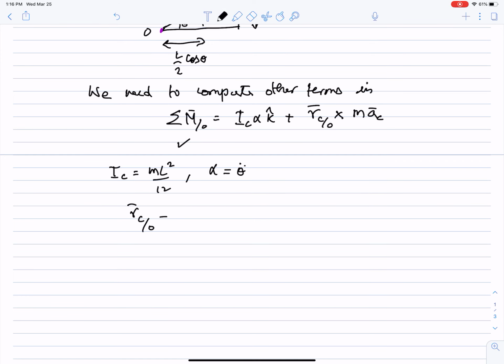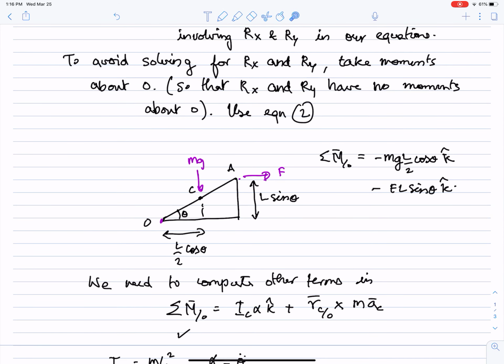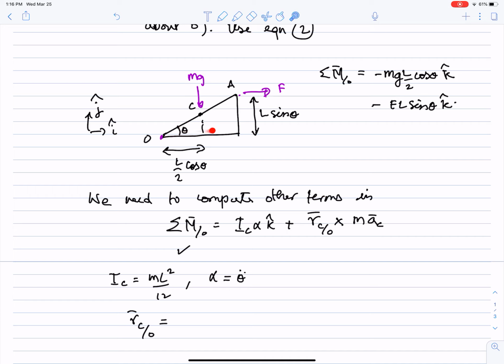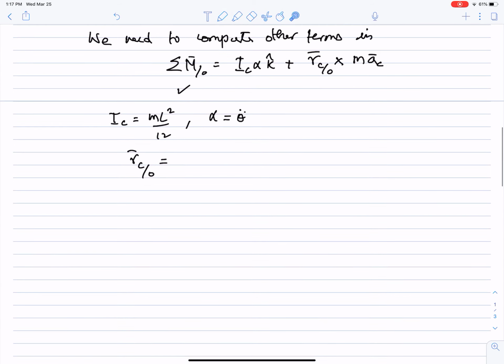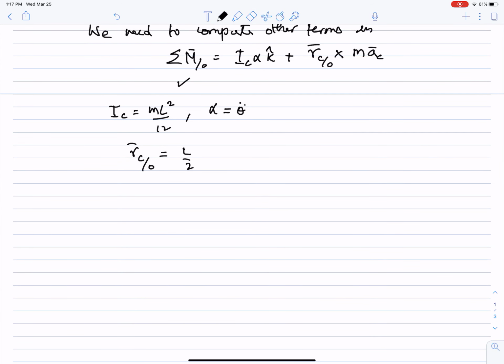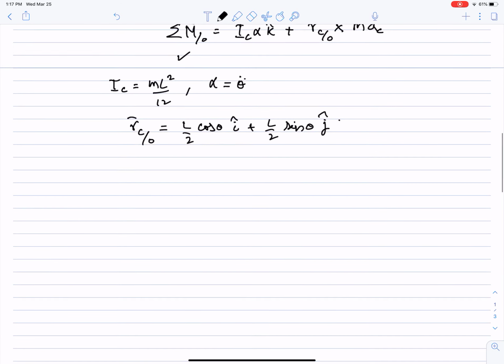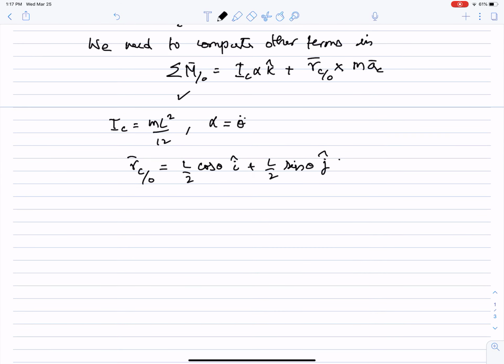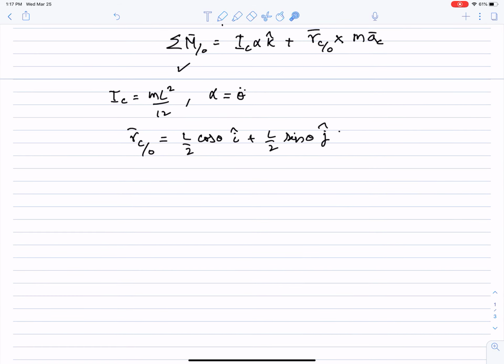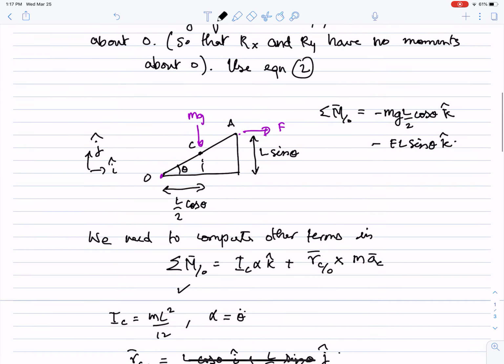RC with respect to O, what is that? That is a vector, right? So if you say this is the J direction, and this is the I direction, we have RC with respect to O is R cosine theta I plus R sine theta J. So L over 2 cosine theta I plus L over 2 sine theta J. Okay, so that's RC with respect to O. What is aC, the acceleration of the center of mass?